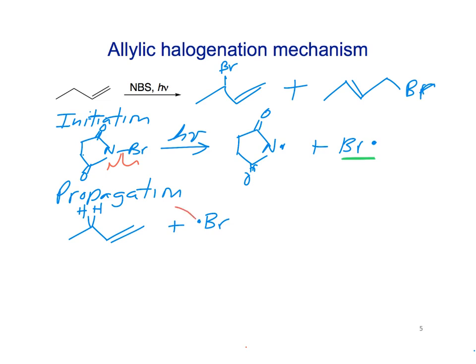And this is going to abstract one of these hydrogen atoms, because we have to generate that allylic radical, like this, plus HBr. Of course this has two resonance forms, and both of these can participate in the next step.